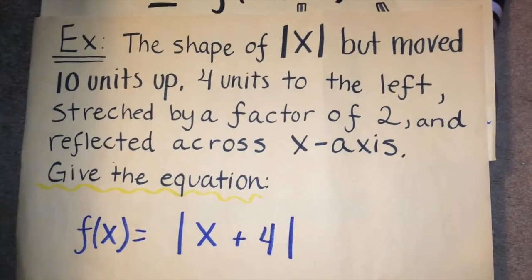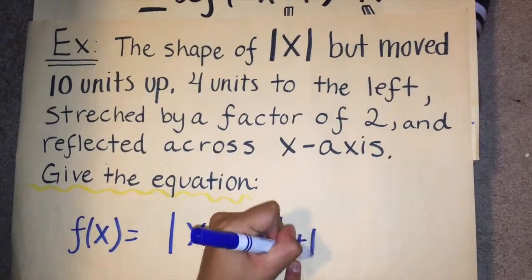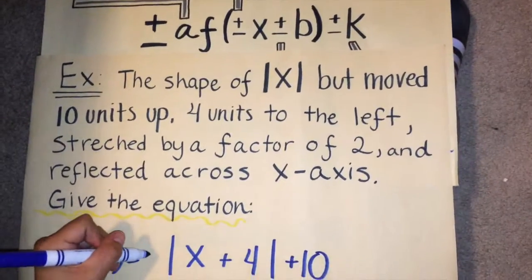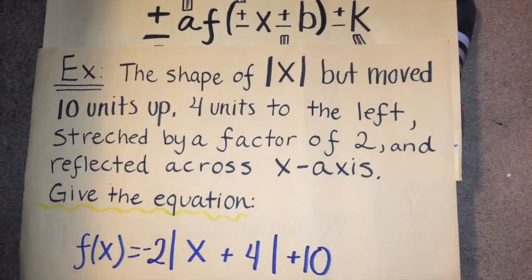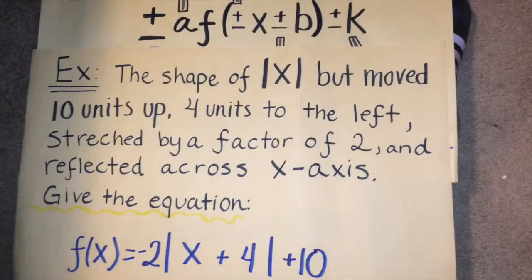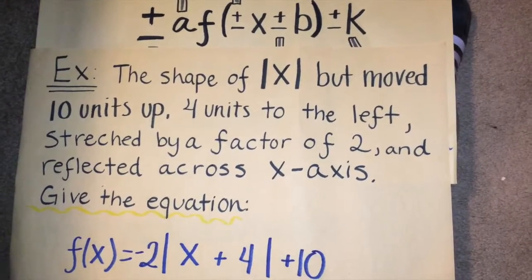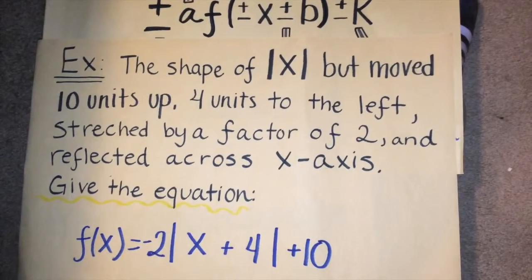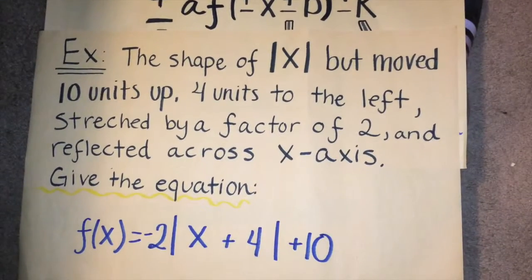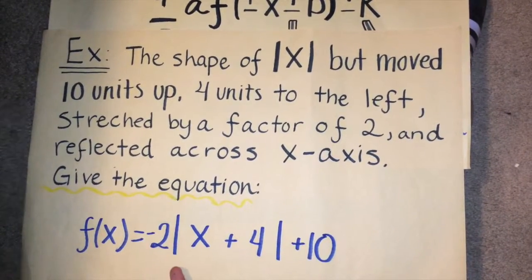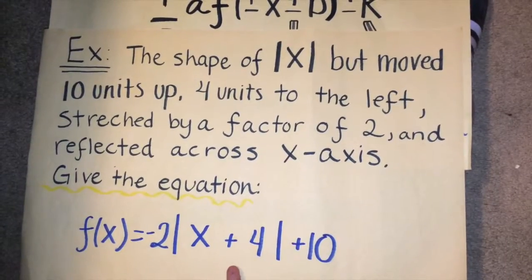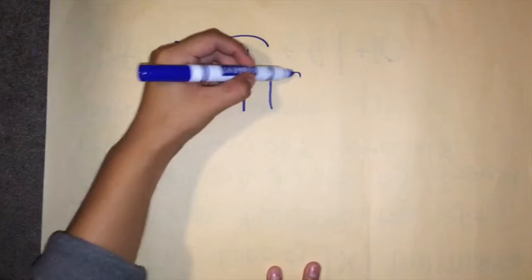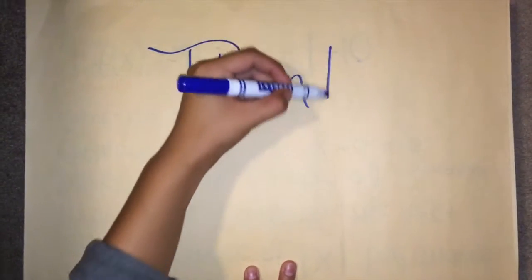K is equal to positive 10, and there's a leading coefficient of negative 2. This means that our function went from f of x equals the absolute value of x to negative 2 times the absolute value of x plus 4, plus 10.